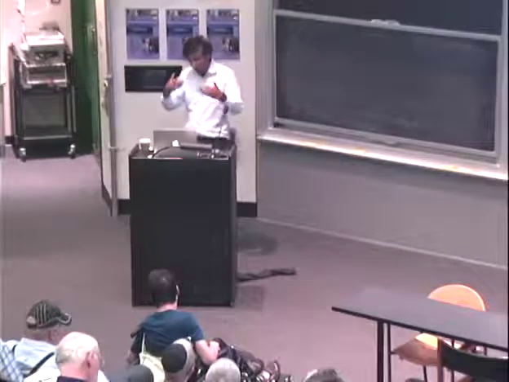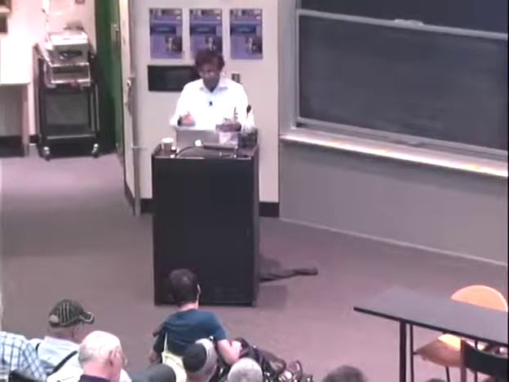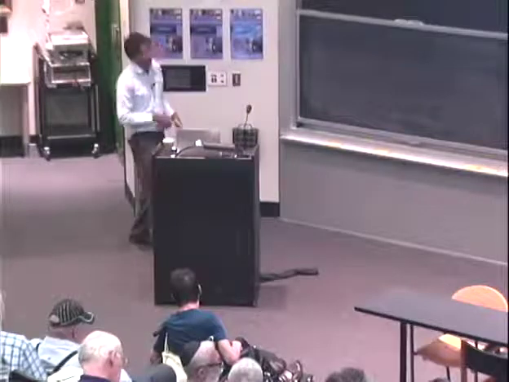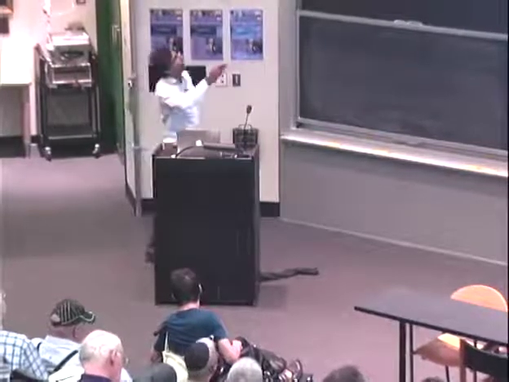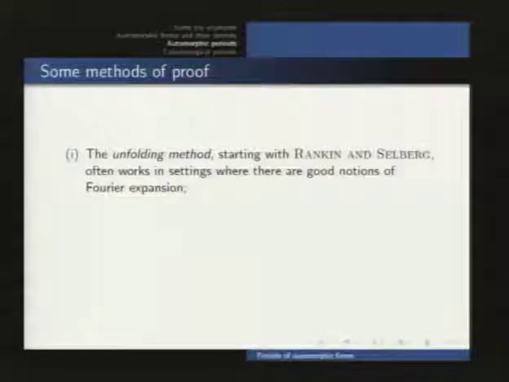One of the paradigms for studying these automorphic periods is very similar. On the one hand, there's something called the unfolding method, and you can see the work of Rankin and Selberg as the first example of this. It often works when there's some good notion of Fourier expansion of an automorphic form. In fact, the work of Langlands and Lai has a very strong affinity with this unfolding method.